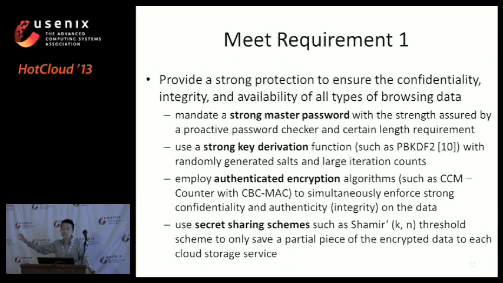In that case, even if one single service provider is compromised, or if we have insider attacks at a storage service provider, they cannot decrypt the data to recover the original browsing data of the user, because the ciphertext that they can access is incomplete.